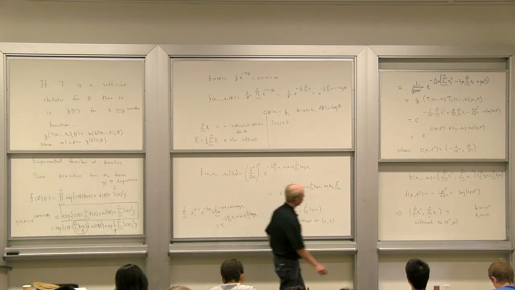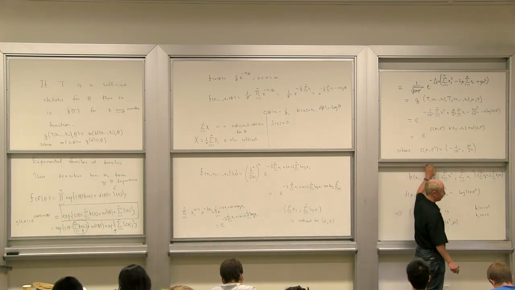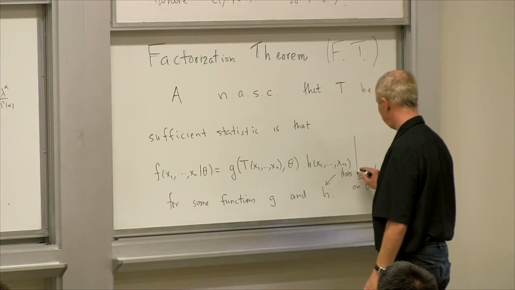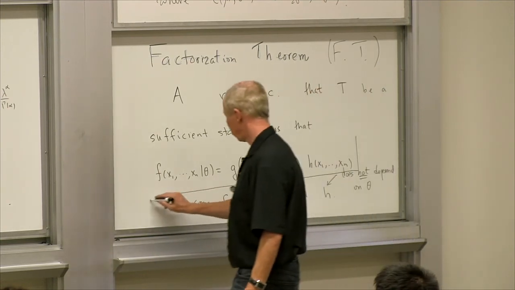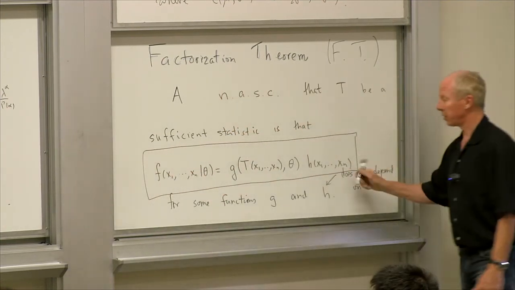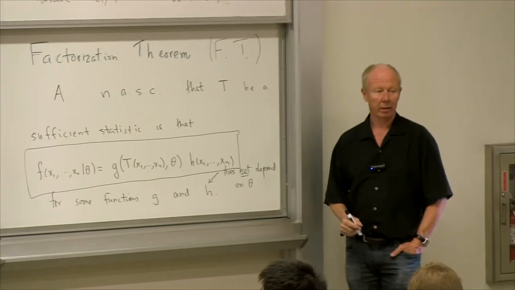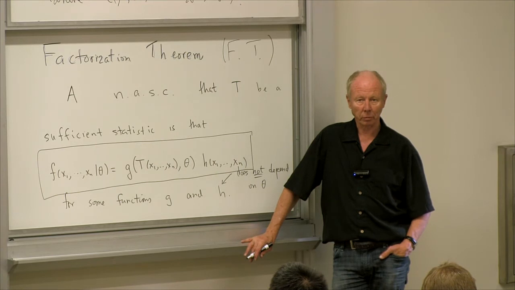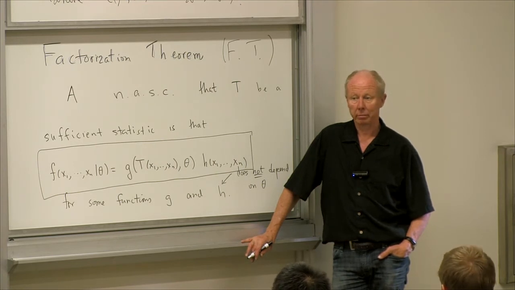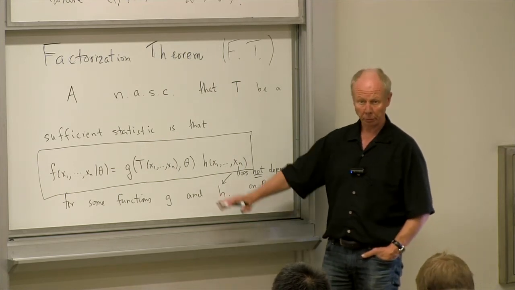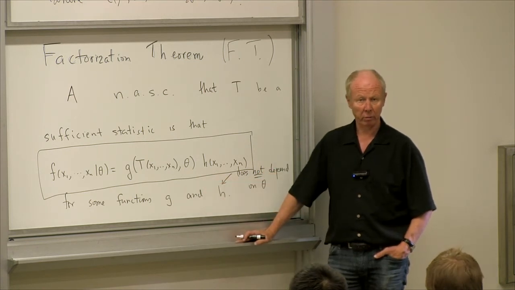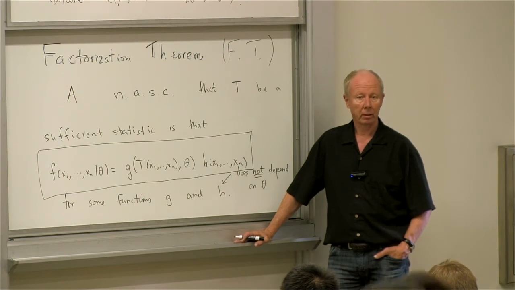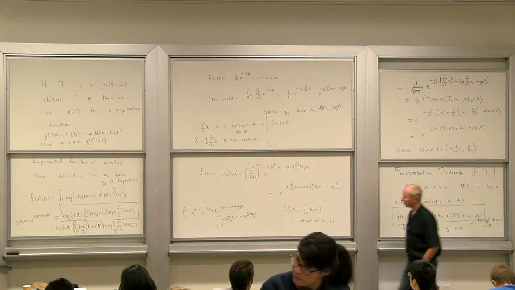Okay, and let's go back to the factorization theorem for a minute. Let's suppose our joint density factors like this. And now let's suppose we want to find the maximum likelihood estimator. How would we do that?